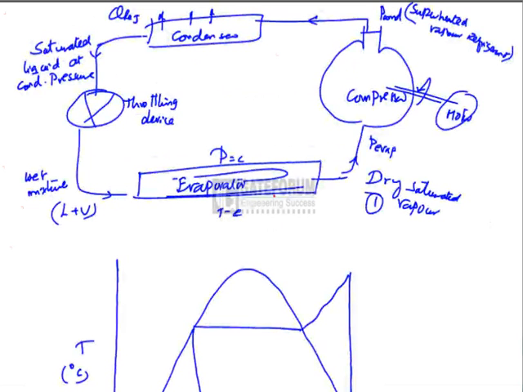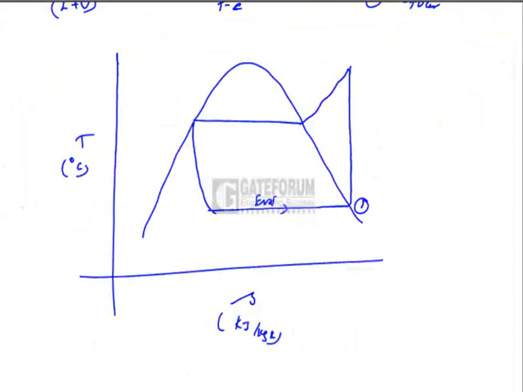This is state 1. This is evaporation. This is Tsat at the evaporating pressure. The state of the refrigerant leaving the evaporator is dry saturated vapor, as I had mentioned earlier. 1 to 2. This is 2, state 2.